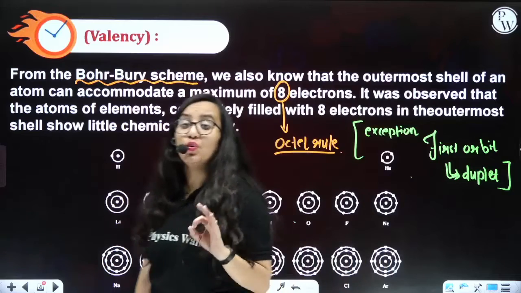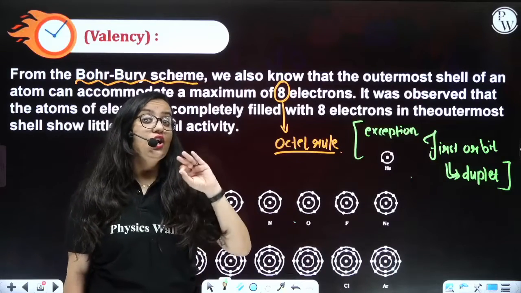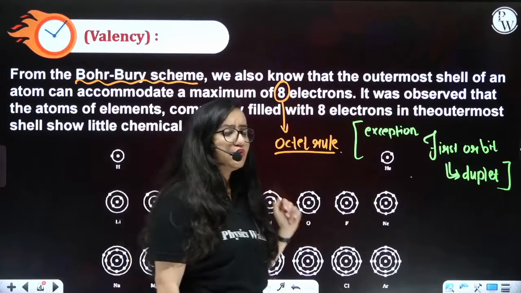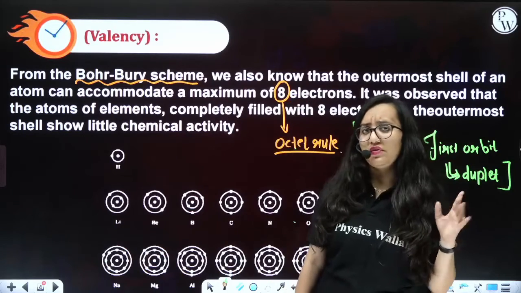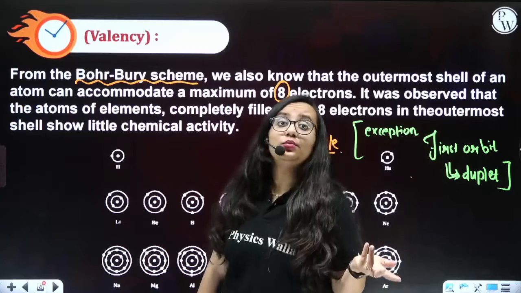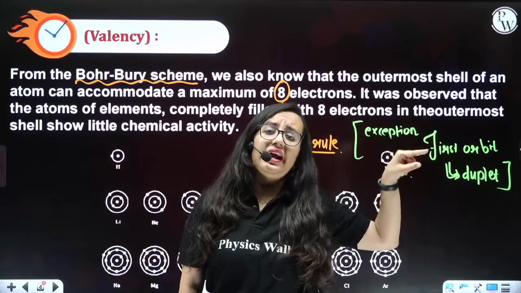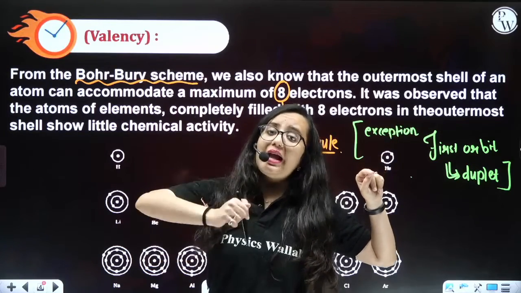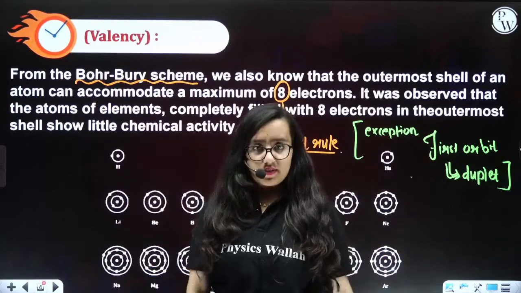Valence electrons is not valency. Now you will ask, ma'am, the number of electrons gained or lost is valency, but how will we come to know whether that particular atom will accept or lose? Who will tell us?